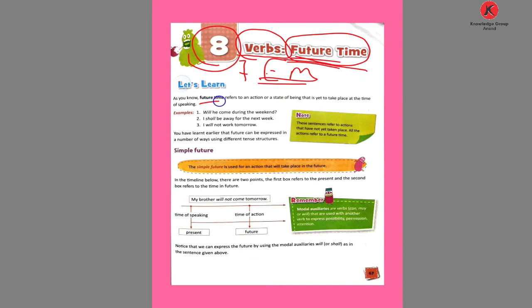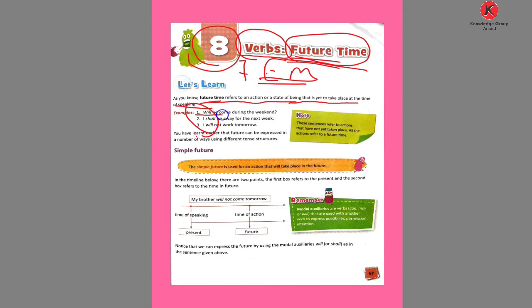So future time refers to an action or state of being that is yet to take place at the time of speaking. What? Future time refers to what? Showing the action or state of being that is yet to take place at the time of speaking. See, showing the future tense using the words will or shall.